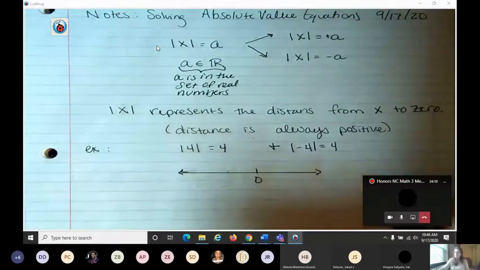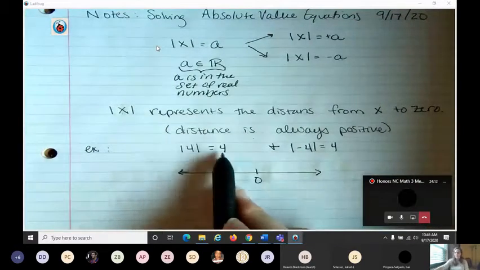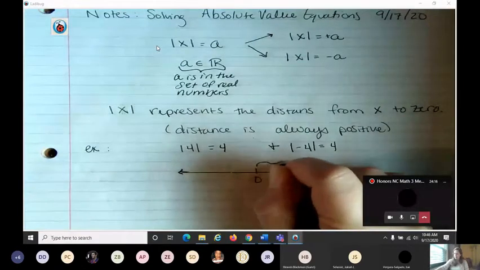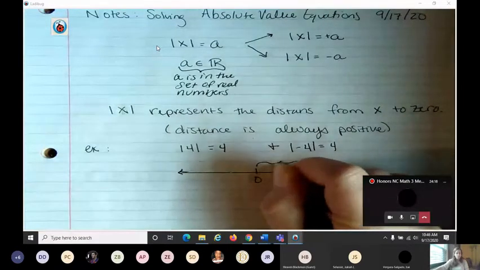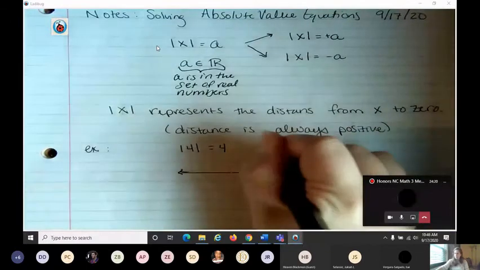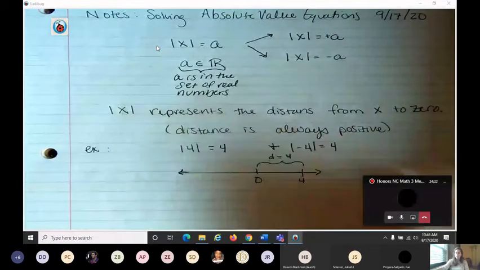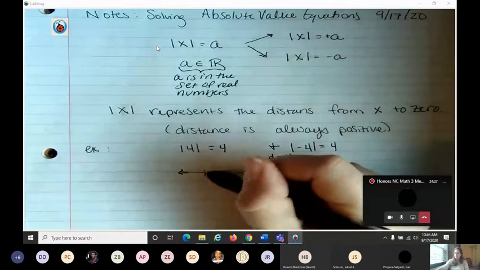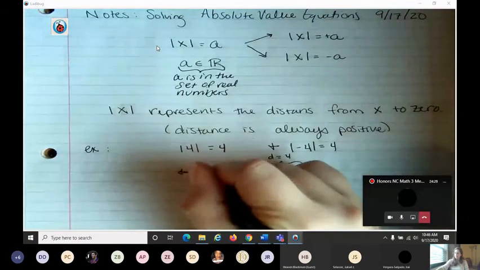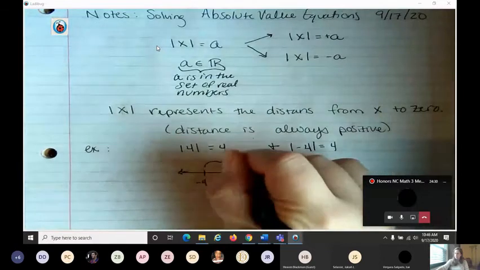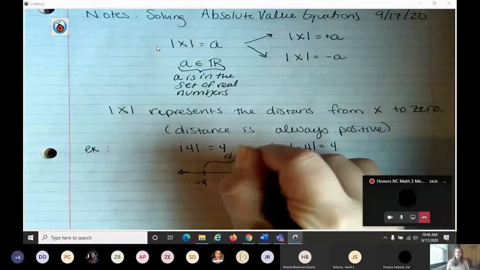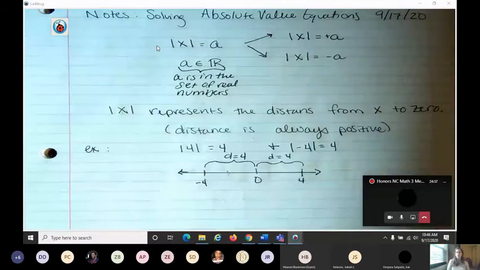It's just saying that 4 is 4 units away from 0. So the distance between 0 and 4 is 4. And it's saying that the distance between 0 and negative 4 is the same. So the distance here is also 4. Okay, so that's all absolute value is doing.